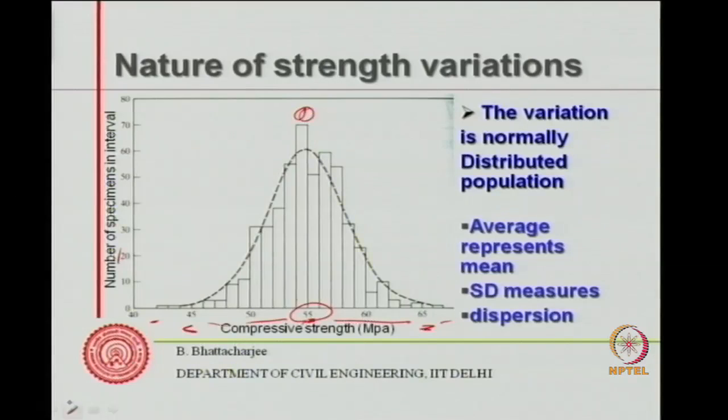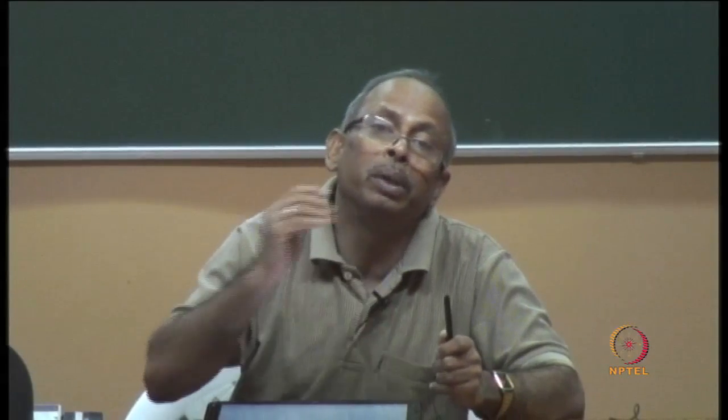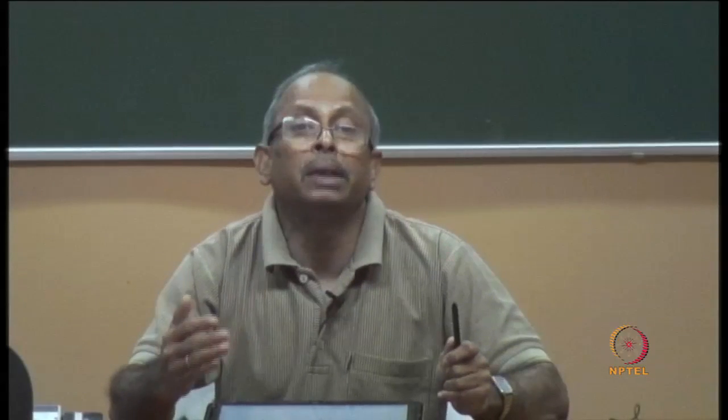In other words, 50% of the results will be above this mean, which is the average, and 50% of the results will be below the mean. Now we have defined our characteristic strength as that strength which will be exceeded by 95% of the cubes. Therefore, I must define my characteristic strength accordingly. Now, this is what we will do in the next lecture.